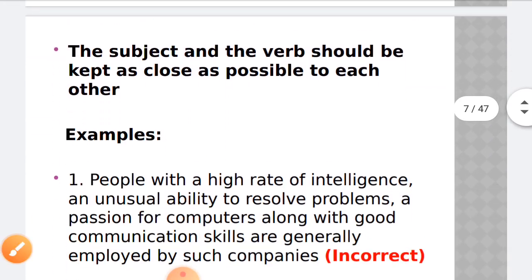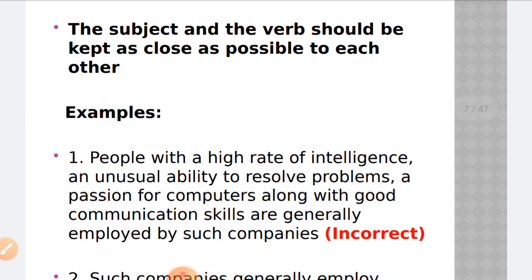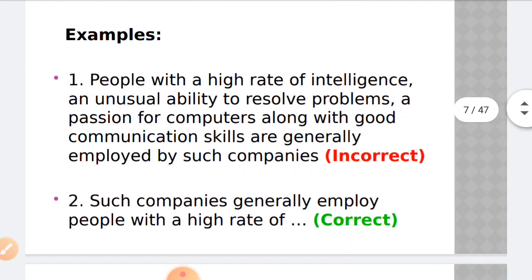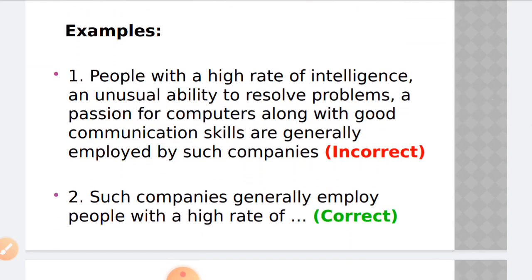The subject and the verb should be kept as close as possible to each other in a sentence. Let us consider these two sentences now. Sentence 1: People with a high rate of intelligence, an unusual ability to resolve problems, a passion for computers along with good communication skills are generally employed by such companies.